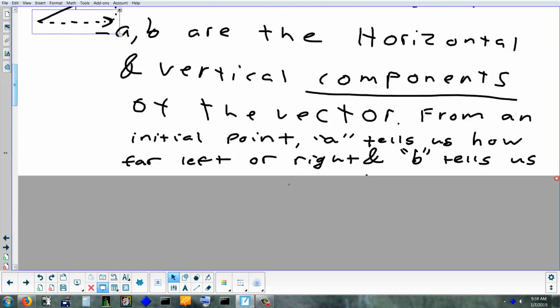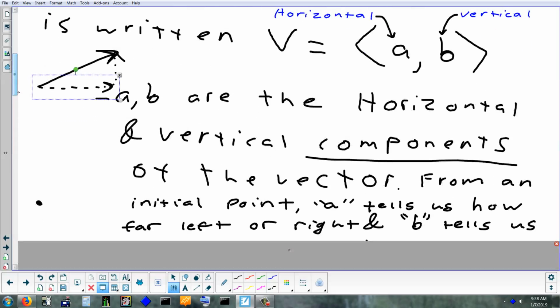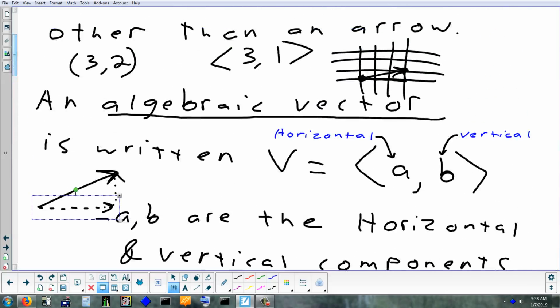So, from a starting point, A tells you how far left and right to go. Right here, there's my starting point. A was a 3. 1, 2, 3 to the right. Positive is right, negative is left.